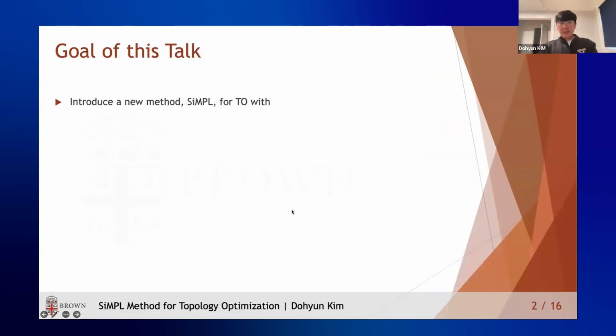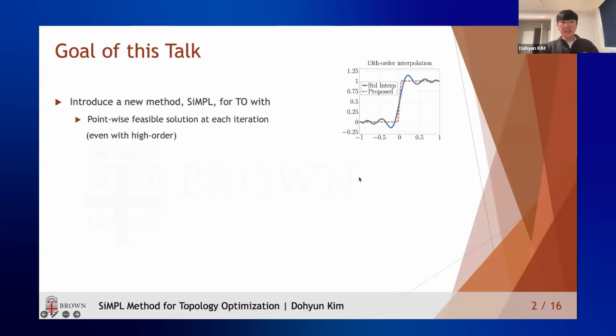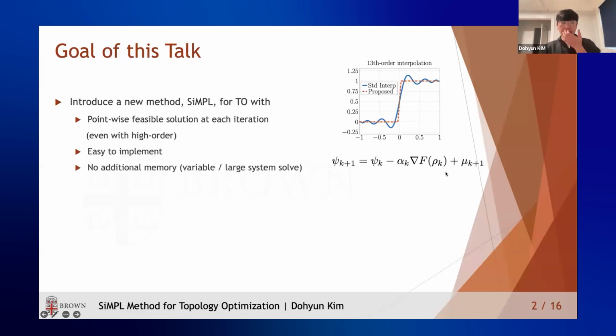The goal of this talk is to introduce a new method called the SiMPL method for topology optimization, and it has really favorable properties. It gives a pointwise feasible solution at each iteration. That means we have a solution that preserves the bounds pointwise, even when we use higher-order polynomials. We also want this method to be easy to implement. You can see on the right that we basically have a gradient-descent-like update, and we don't want to solve a larger system to make this work.